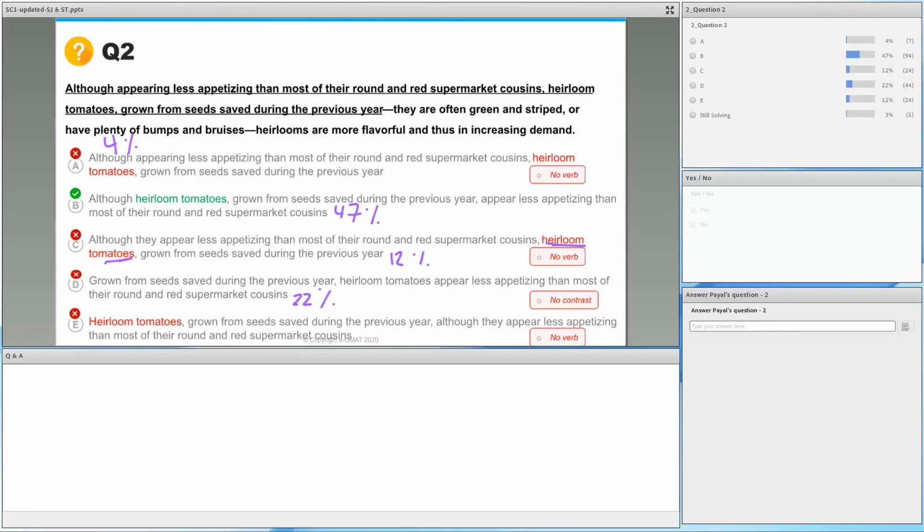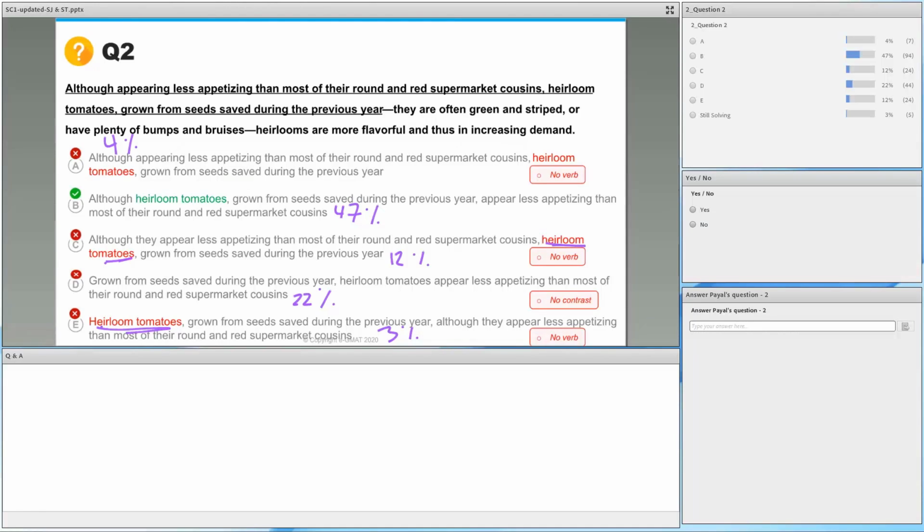So the 22% of you that landed on choice D need to make sure you spend that time with that meaning and that you really understand what contrast is being implied there, okay, and being communicated, and then find the way to communicate that. And then only 3% of you landed on choice E, which again, we have that missing verb for heirloom tomatoes.